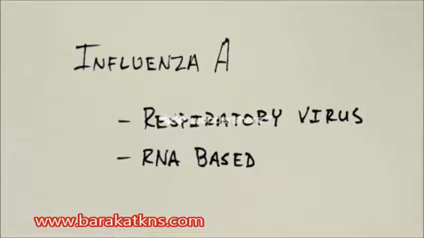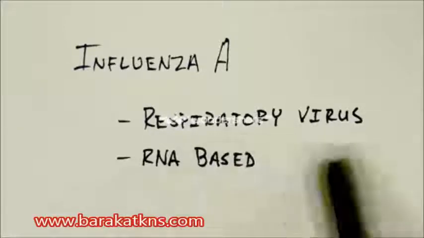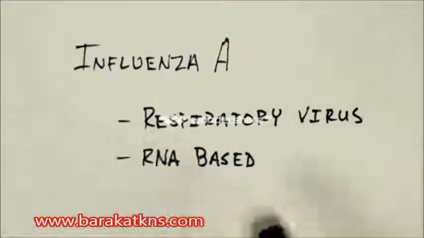What's kind of unique about influenza A is that in humans, it has the ability to attack the respiratory system. So we call it a respiratory virus. And also, it's an RNA-based virus. So if you go back to the central dogma that we had talked about, we're going to bypass the DNA step and move into RNA.